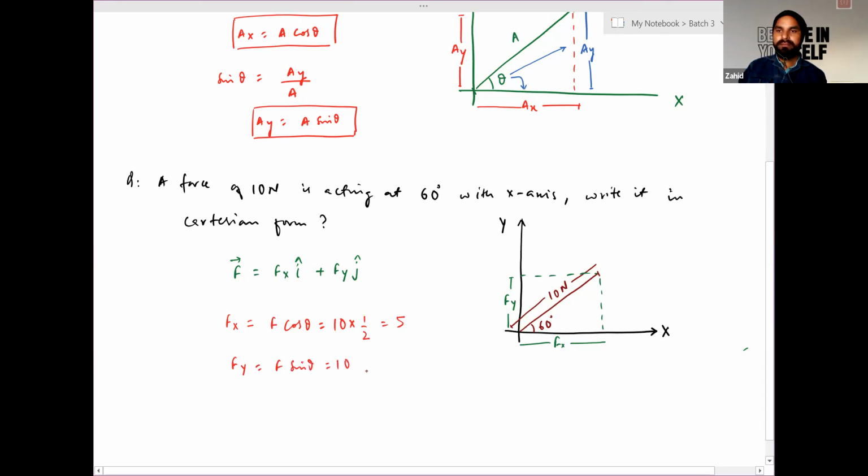F is 10, theta is 60 degree, sine of 60 degree is root 3 by 2. So it will be 5 root 3. Now put these two terms in the above expression, you will get F equals 5 times i cap and 5 root 3 times j cap.